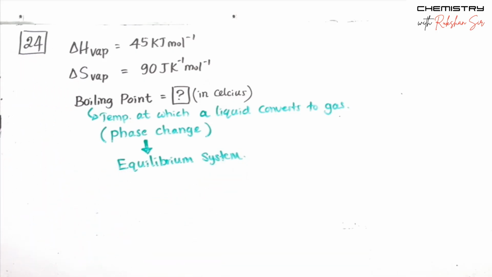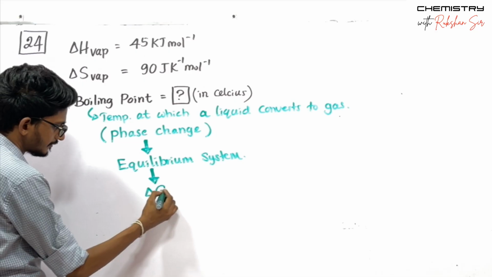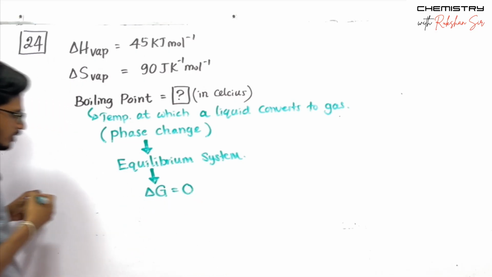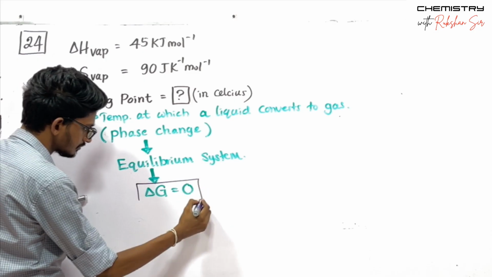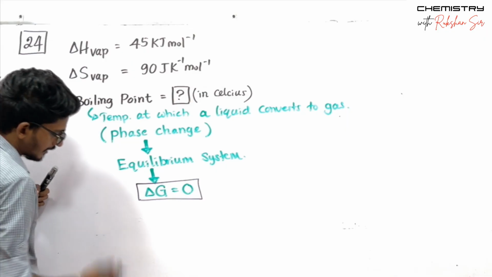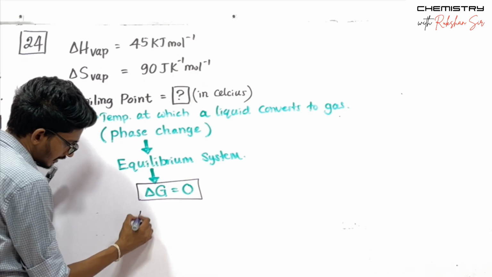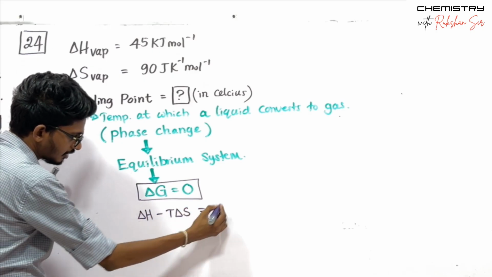That means delta G is going to be 0 there. So we can apply delta H minus T delta S equal to 0. That is the delta G.